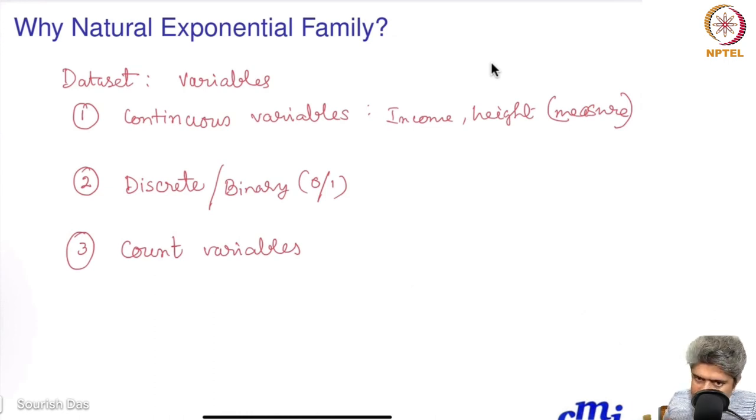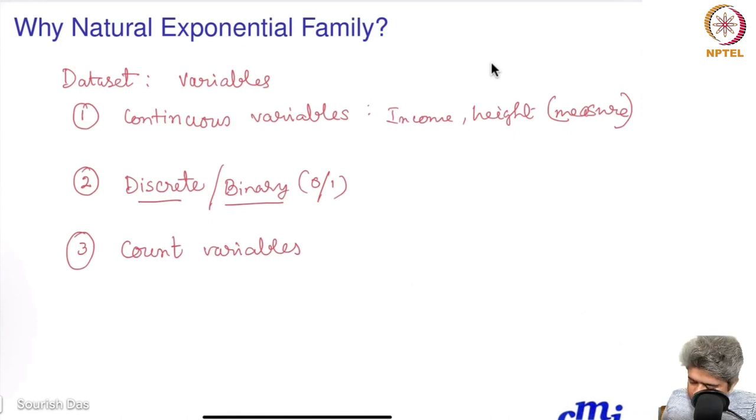If it's some kind of action decision, like going north or south, going or not, yes or no, then it becomes a binary or discrete 0 1 kind of variable. If the variable is coming out of a counting process, like number of tumors, number of goals, or number of courses you want to take, it is a count variable.